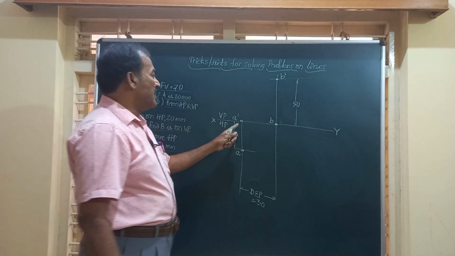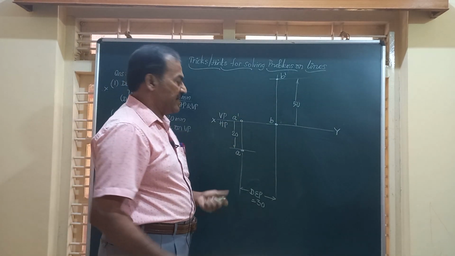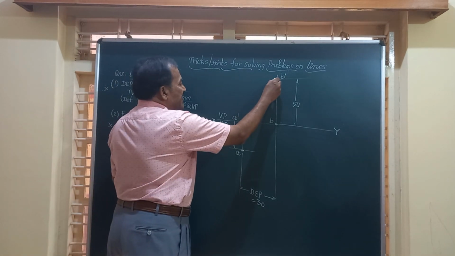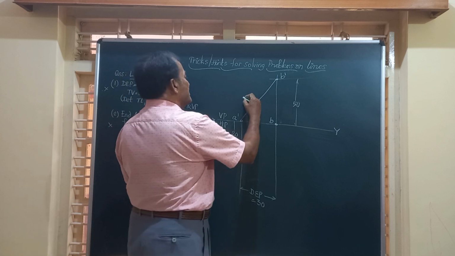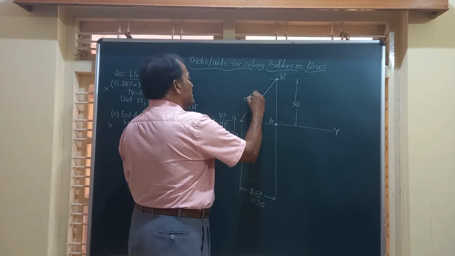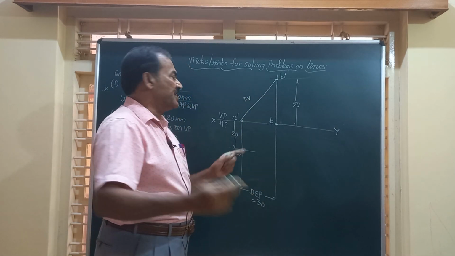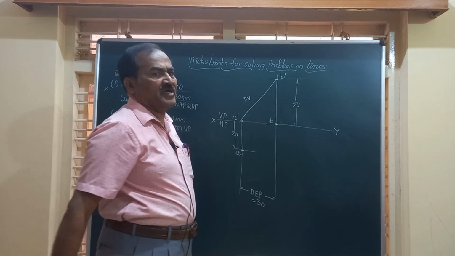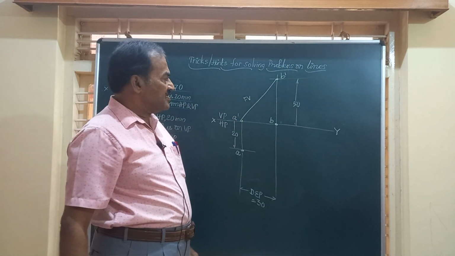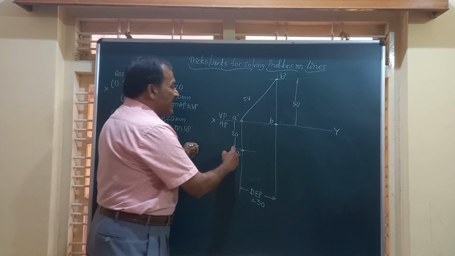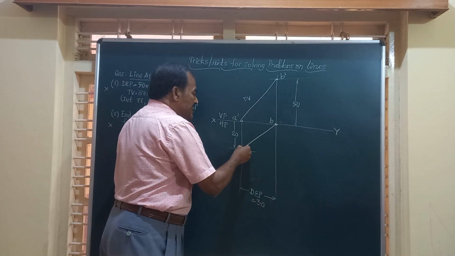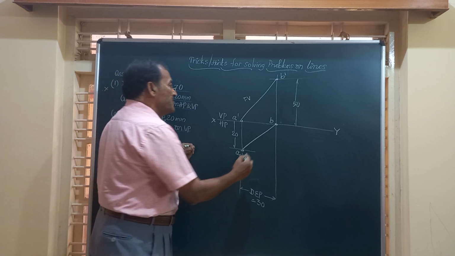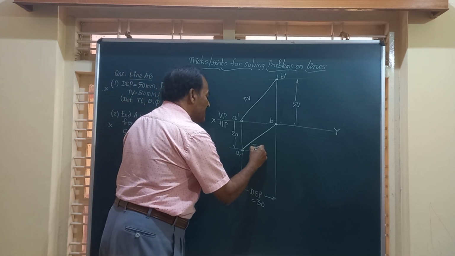Now, if you join A dash and B dash, you will get A dash B dash, the front view of the line. This is our front view. If they ask you to measure the length, you can keep a scale and find out how much the length is. Friends, if you join A and B, this line AB will give you the top view of the line.